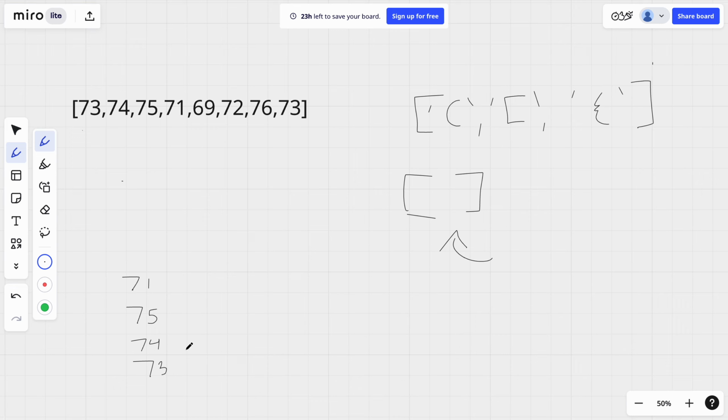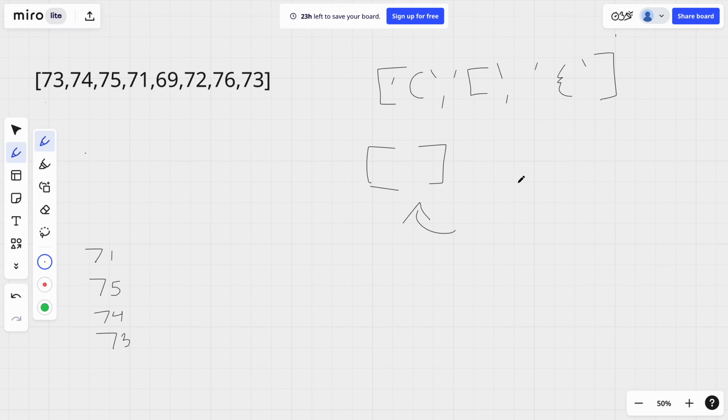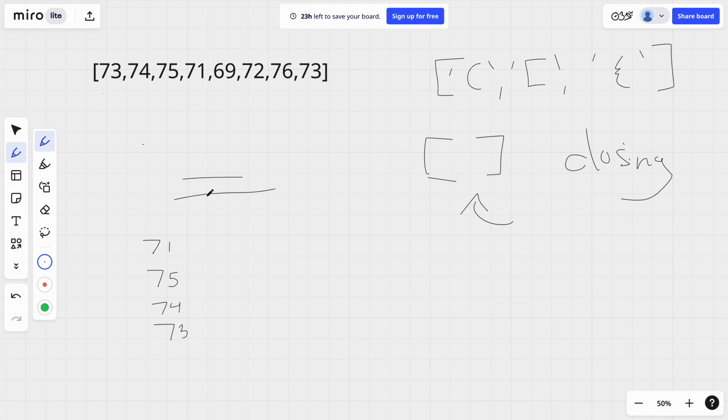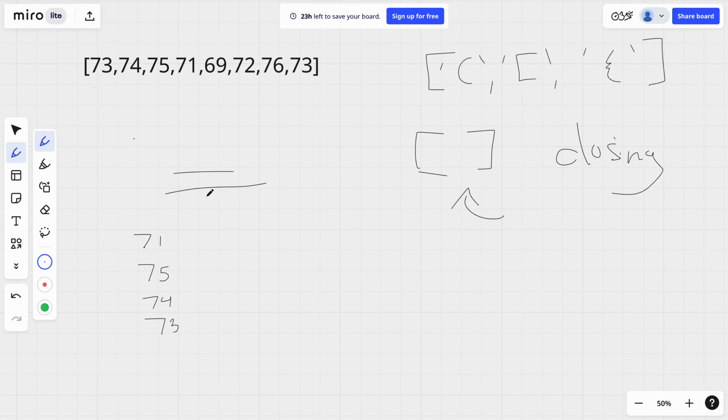But when do we pop? The condition here was when we found an associate closing bracket. The condition here would be something about, oh, we actually moved the thing. That's so cool. Okay.